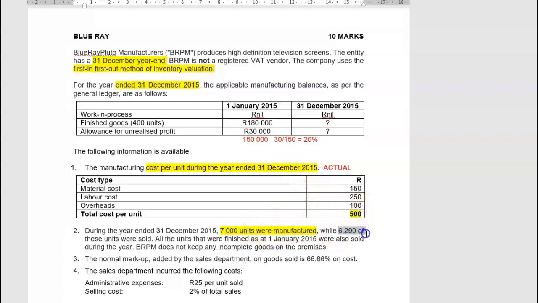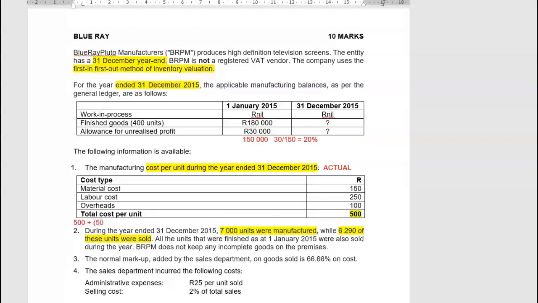While 6,290 of these units were sold. So what was the actual cost? Let's just work it out. That is the cost of 500 Rand that would have been in the work in process account. At what amount would we have transferred those items to the sales department?